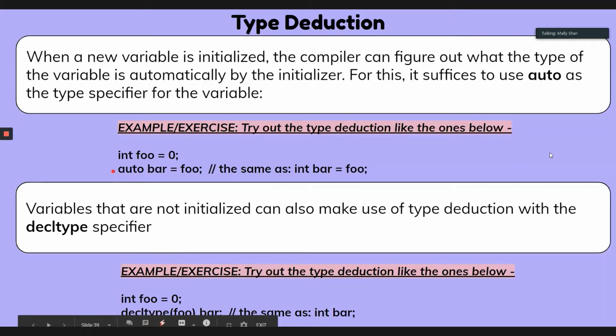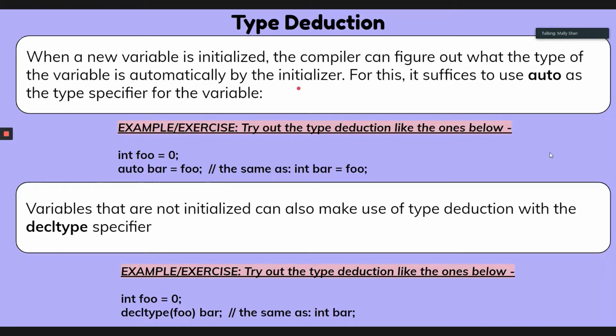Why you might want to use this is because, again, if you're using a bunch of integer types and you don't want to keep on writing out integer, or for some reason these variables are intricately linked to one another, so they basically are together or they basically mean the same thing, then you might want to use auto to set foo equal to bar, and you want to have the exact same value and the exact same space and the exact same type as whatever you had before.